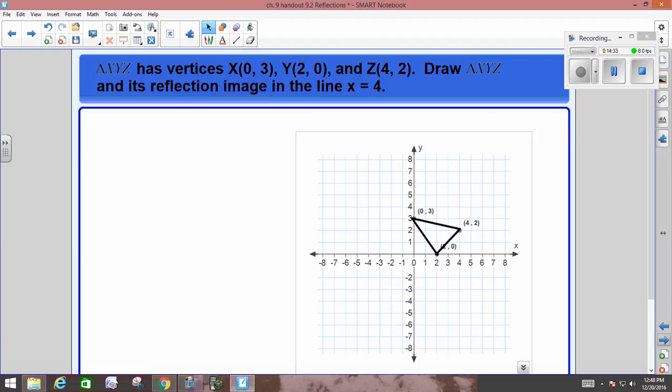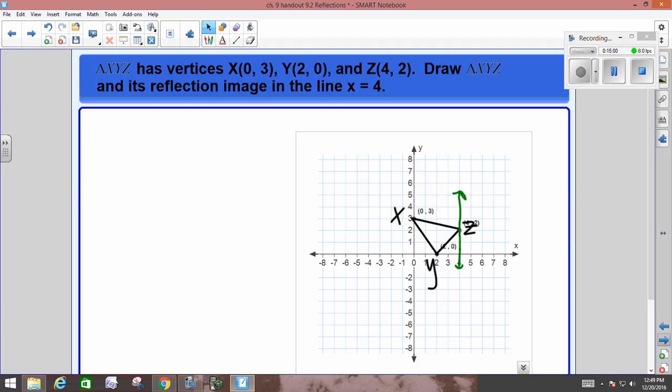You're going to take triangle XYZ, it's a different one. And you're going to reflect it across the line X equals 4. X equals 4 is a vertical line that passes through 4.